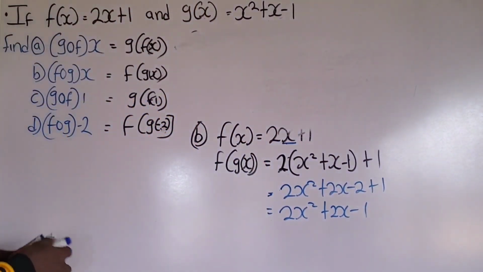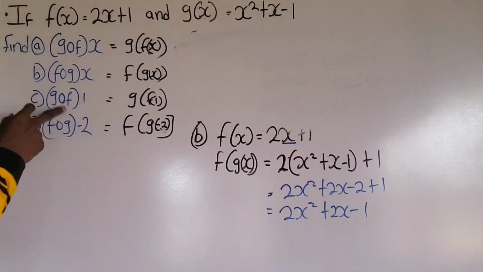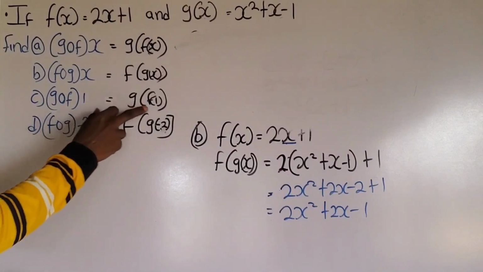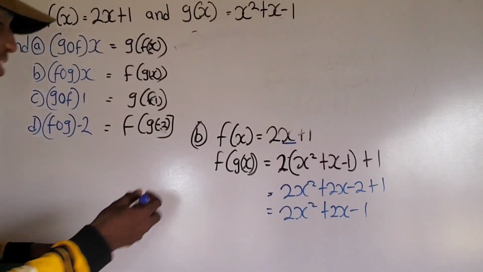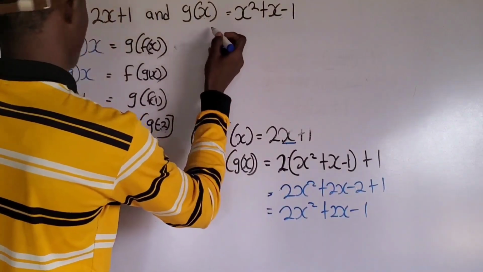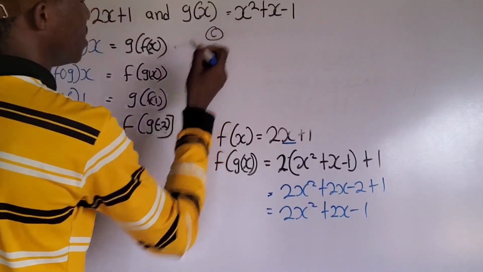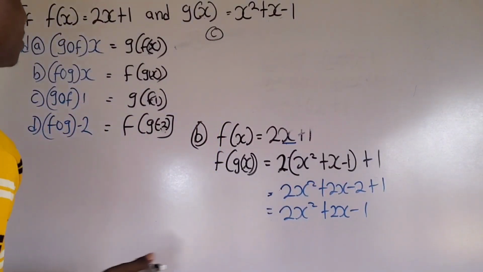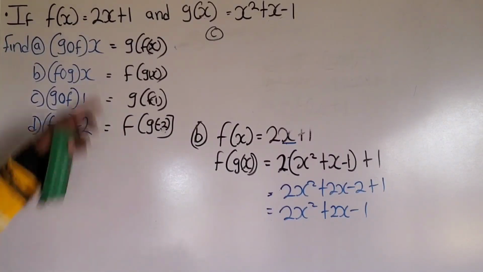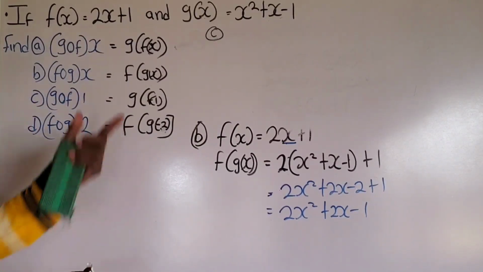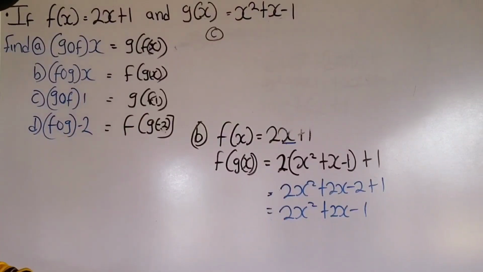Now for the third question, we have g of f of 1. Let us take it step by step. Question C, g of f of 1. That means we have to first find f of 1 before we can find g of f of 1. Listen.